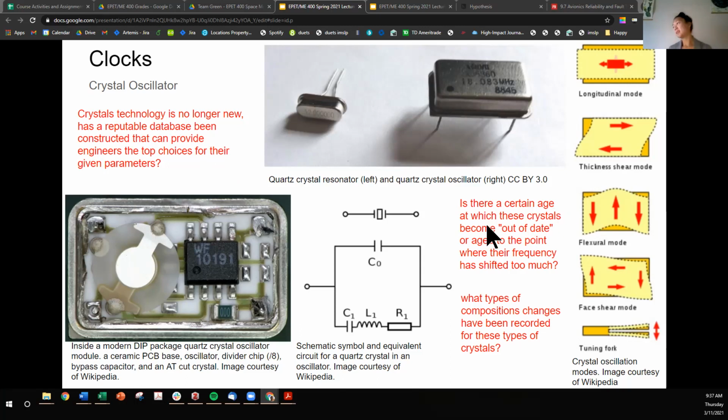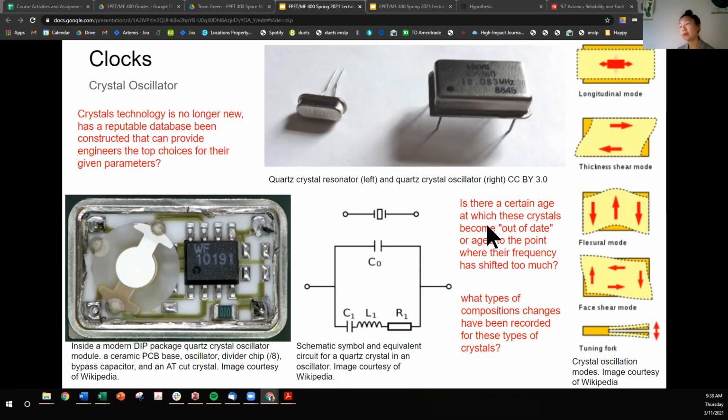Next question. Is there a certain age at which these crystals become out of date or age to the point where their frequency has shifted too much? So there's this question of, when do we descope these crystals from being clocks? And there's a second part of the question about aging. So it's certainly true that these resonators or oscillators can age.